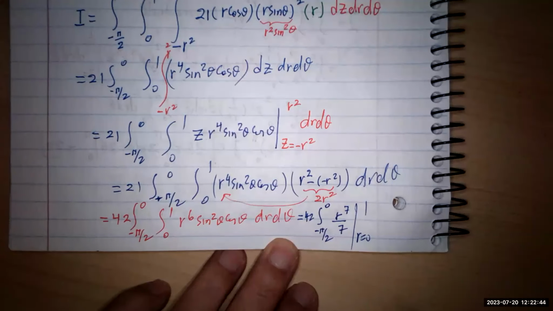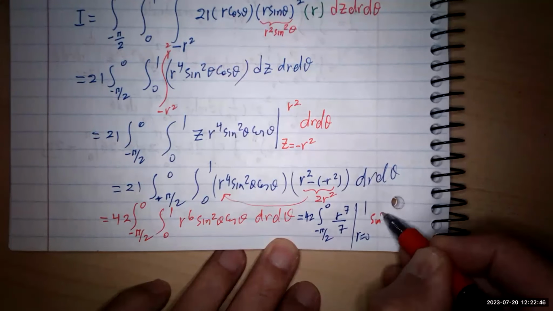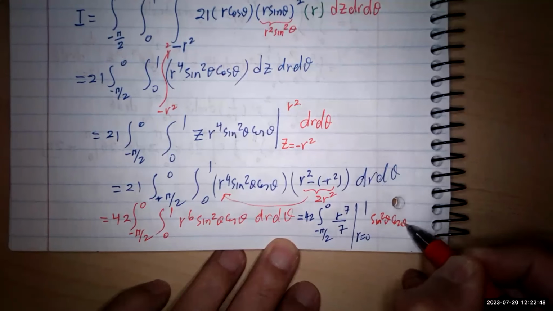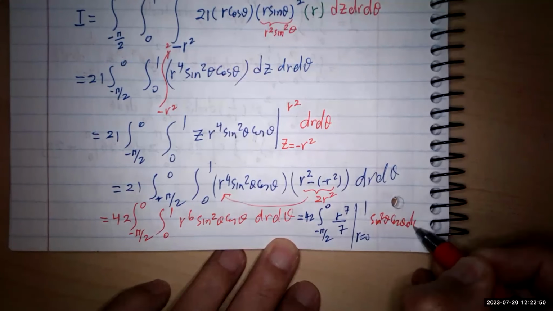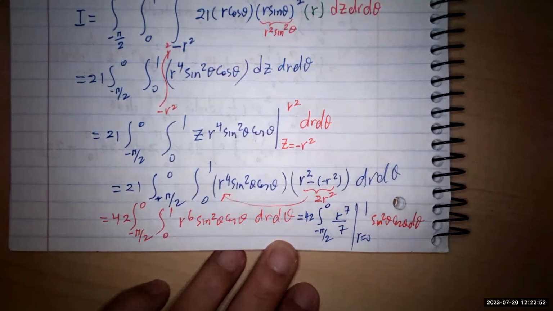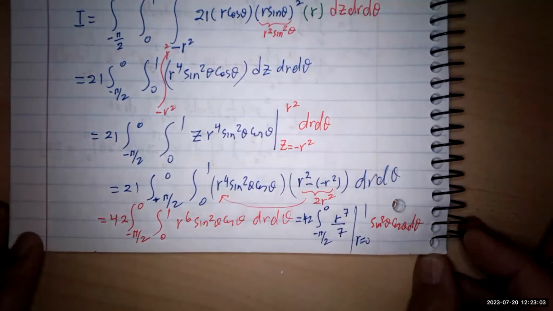Then the leftover is going to be sine square of theta, cosine of theta, and the d theta. If you put the 1, that gives 1 over 7, I bring the 1 over 7 out. So that gives me 42 over 7 and the leftover for the integration.